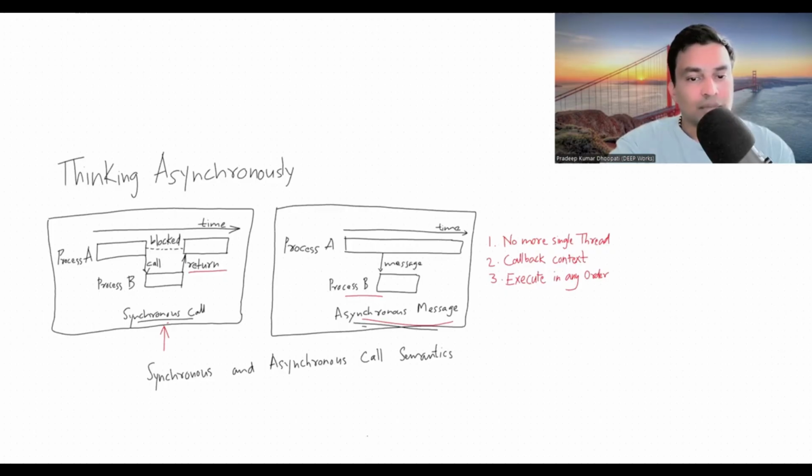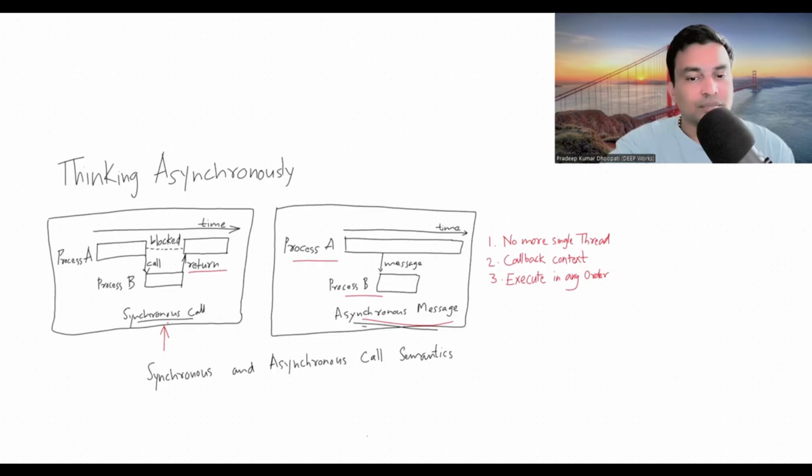On the other hand, asynchronous communication uses a send and forget approach. In this case, process A sends a message to process B, forgets, and continues to process the other messages which process A has to process.